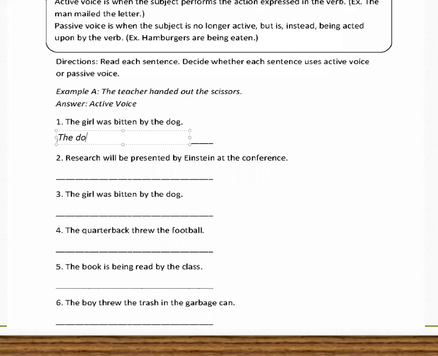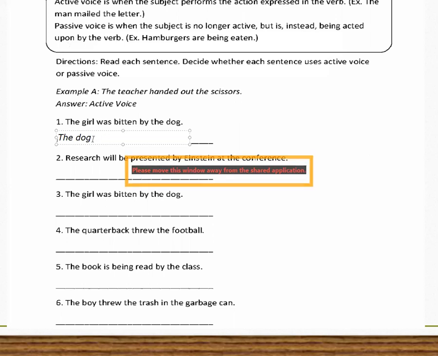Was is the auxiliary verb of past indefinite, so the dog bit. The dog bit the girl. Full stop. This is active voice. The dog bit the girl. The girl was bitten by the dog.